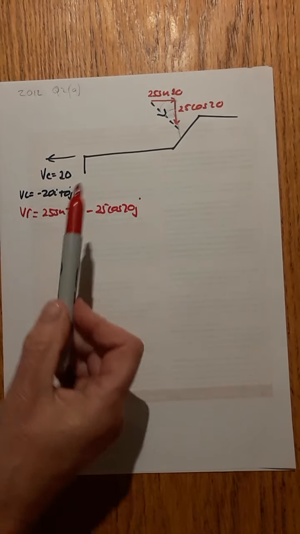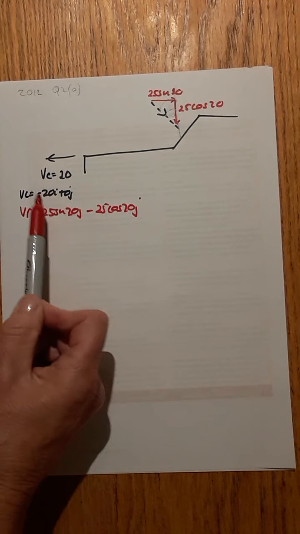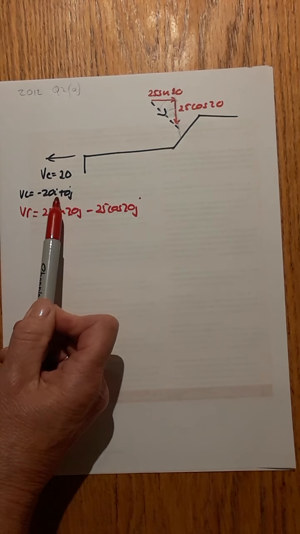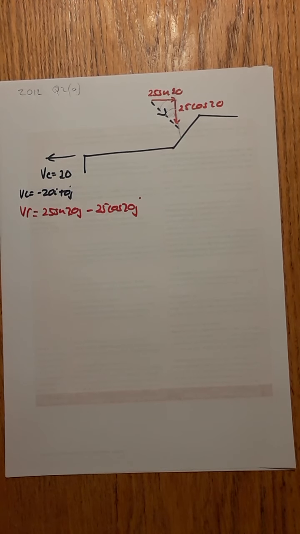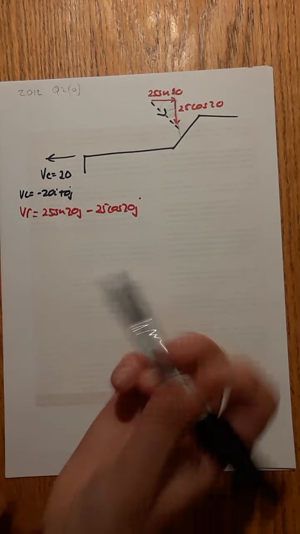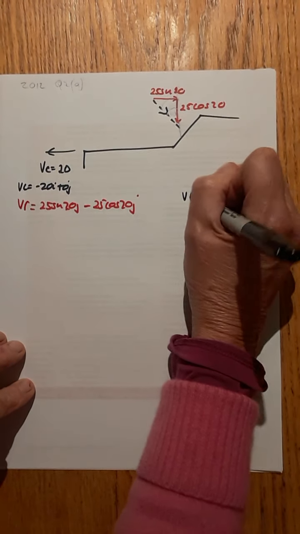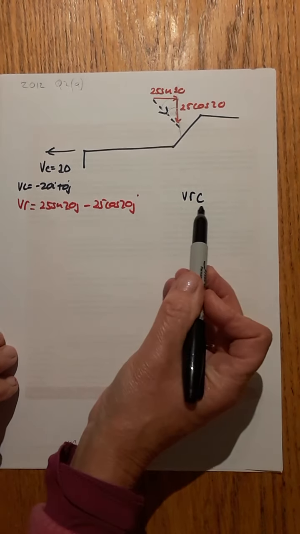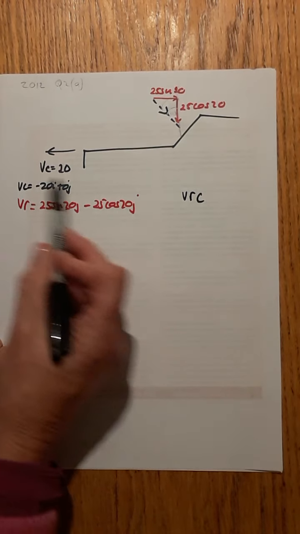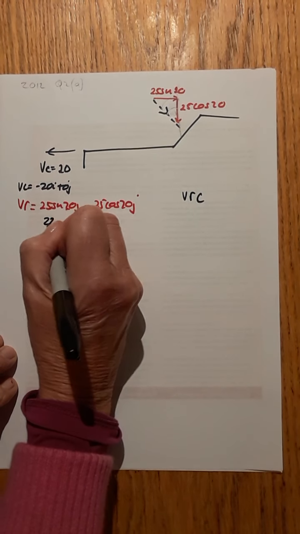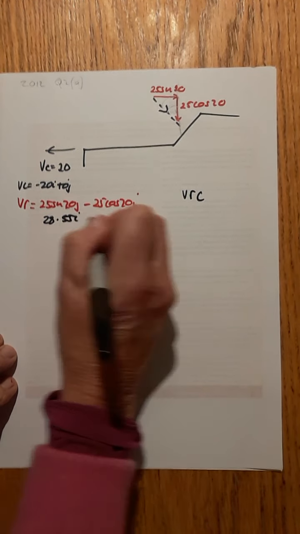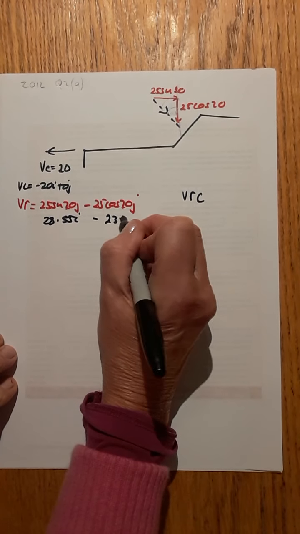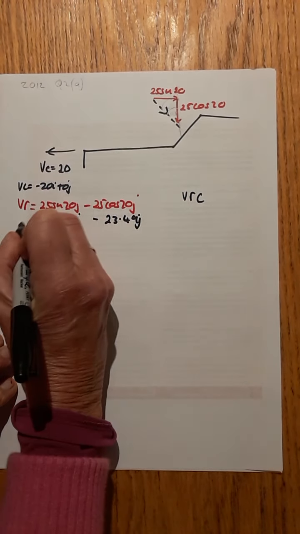The car is travelling at 20 in a westerly direction, so the velocity of the car is minus 20i plus 0j. It says find the angle at which the rain appears to strike the car. So the velocity of the rain relative to the car, I'm going to have to do a VRC, and if you work that out you get 28.55 in the i direction minus 23.49 in the j direction. That's your VRC.